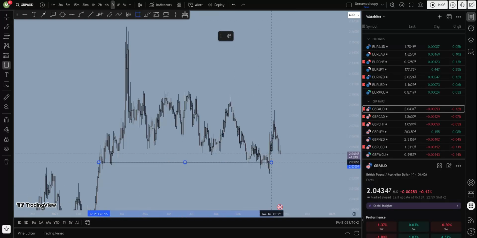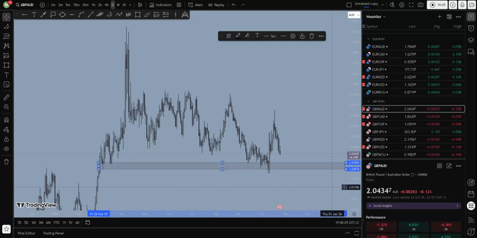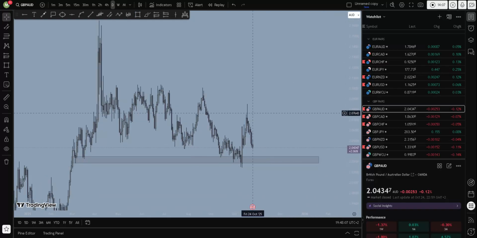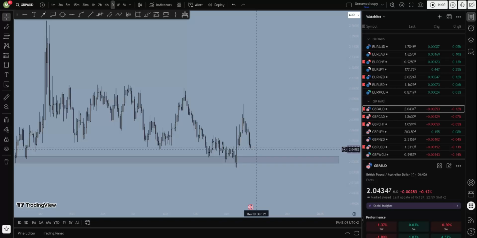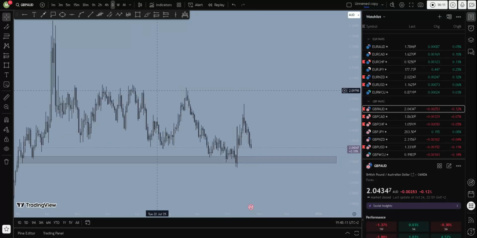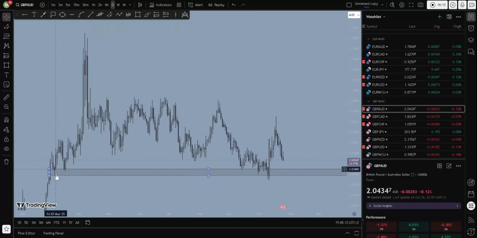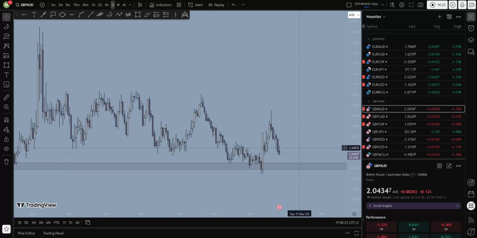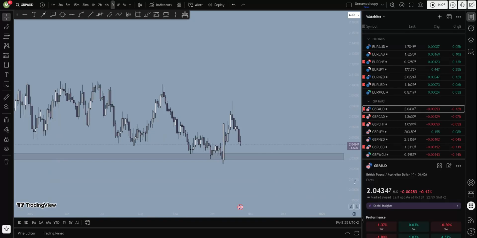This area over here. Support held. Pushed up. Overall, this is bullish, right? There's a higher low, higher high, right? As long as we are above this, we are still bullish, but it's basically consolidation, right?